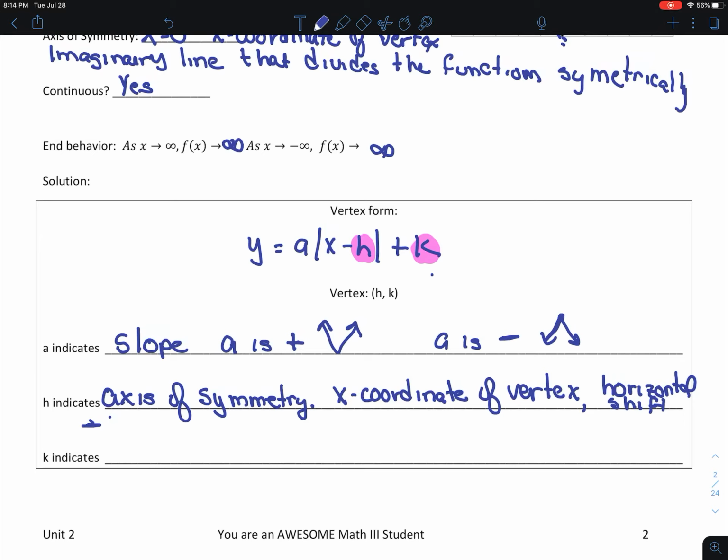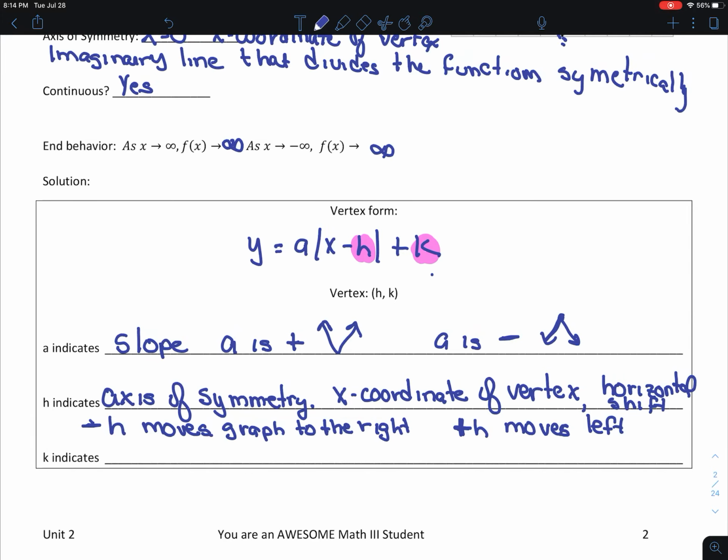If you have minus h, it's going to move the graph to the right. If it's plus h, it moves left by that number of units.